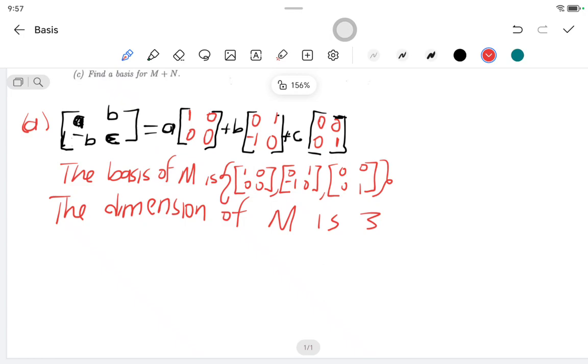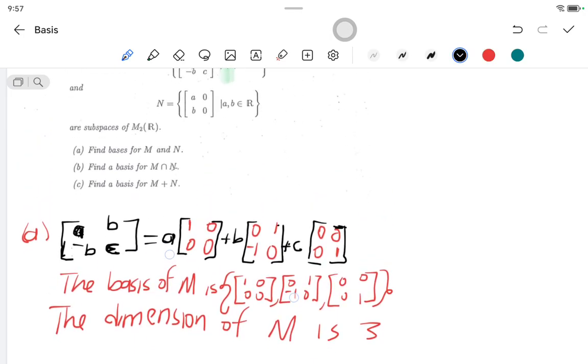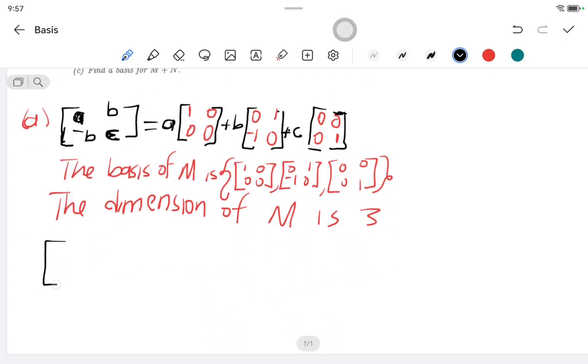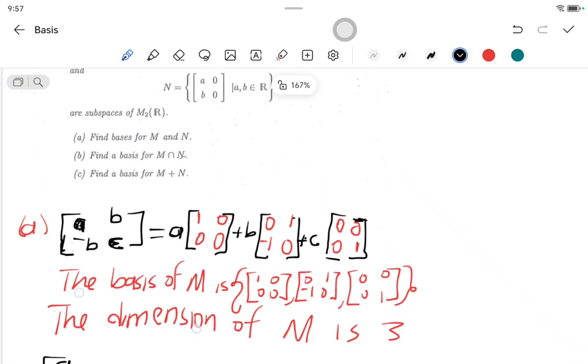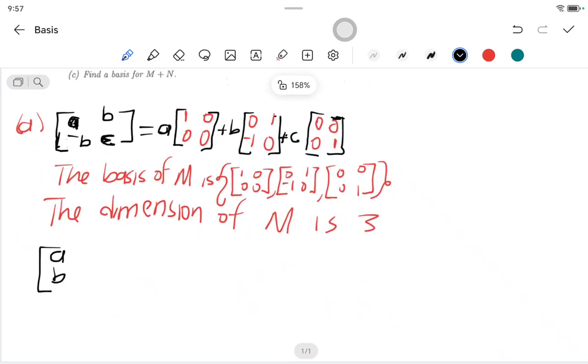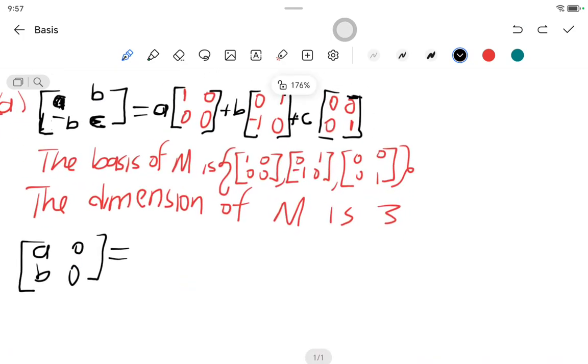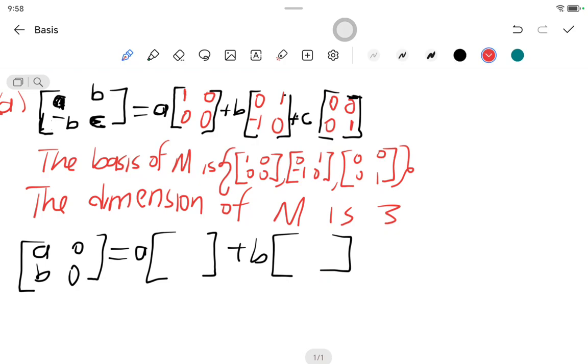Then we come to check N now. When we come to check N, they say it's A B 0, 0. This is A B 0, 0. And if we check here, we have two unknown variables. So I'm going to distribute this into 2, A plus B. Here we check if we have A. Our A is there.